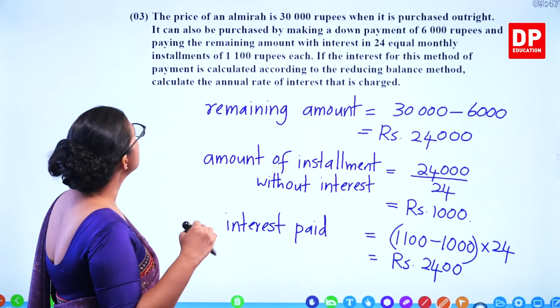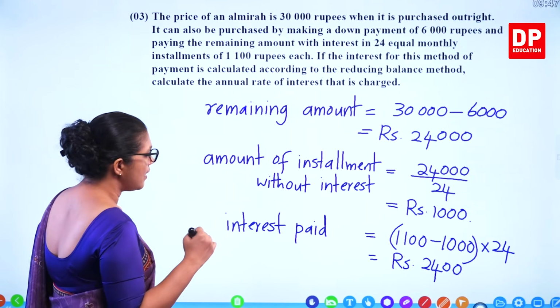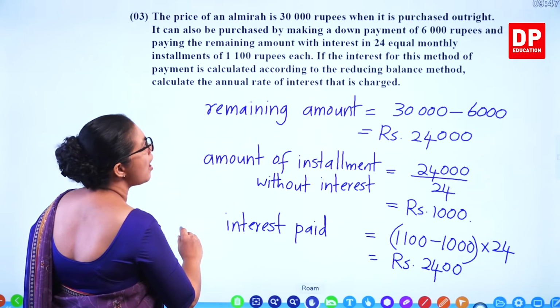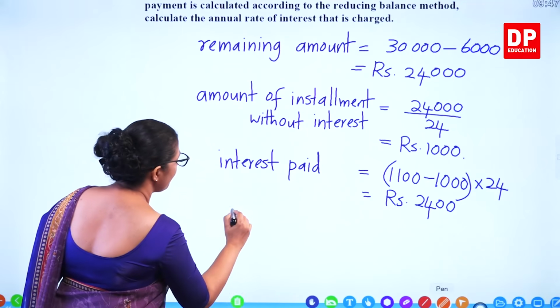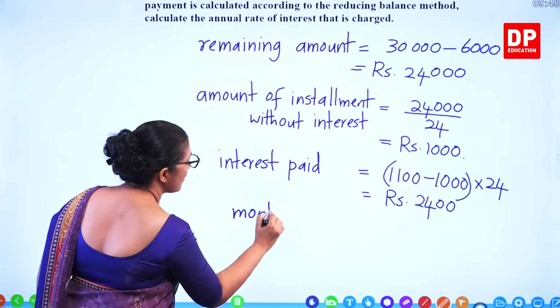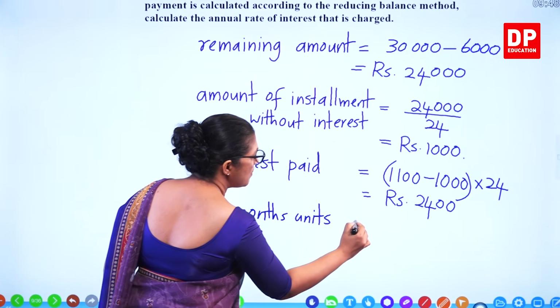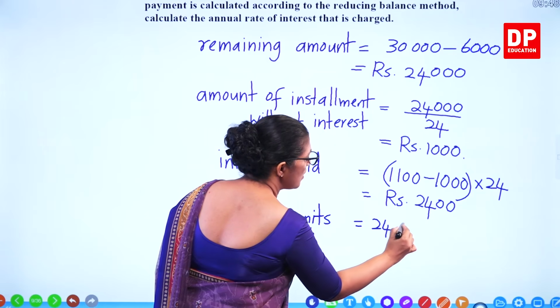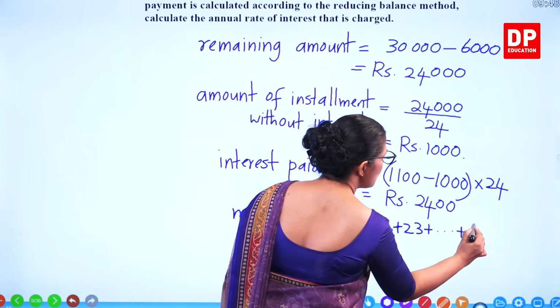Then this is done using reducing balance method. So you have to find out how many months units are there. Months units. So that means you have to add 24, 23 like that up to 1. What's the easiest way to do?